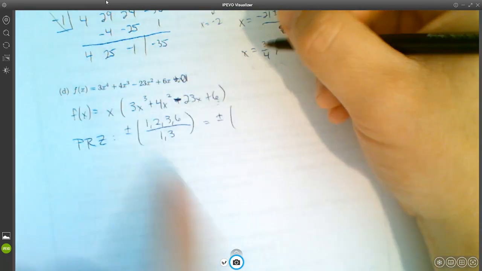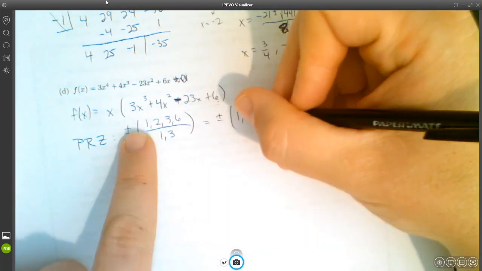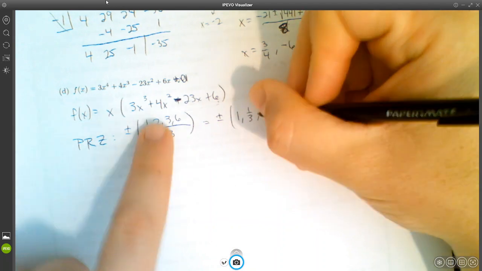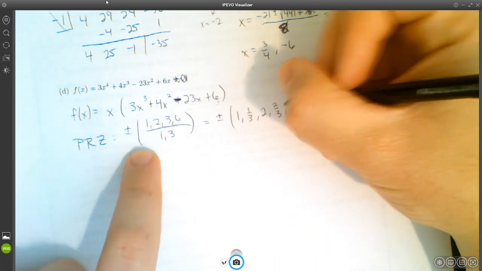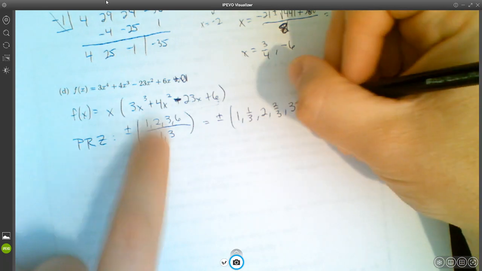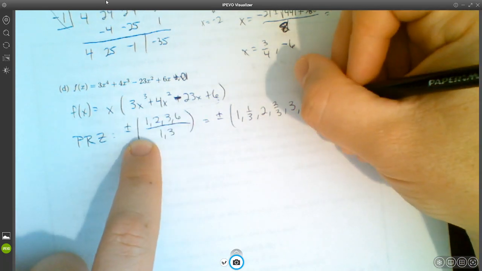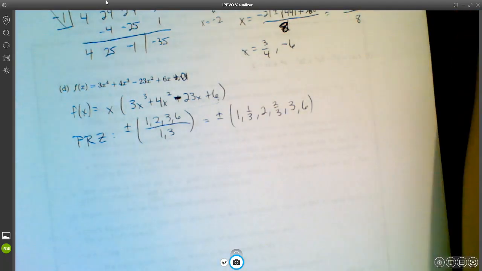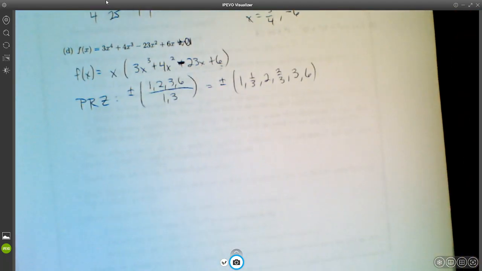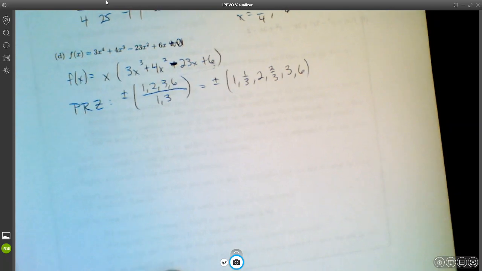That's going to be plus or minus 1, 1/3, 2, 2/3, 3, 3/3, 6, and 6/3, which is 2. Okay, so there are the possible rational zeros. Let's test them.